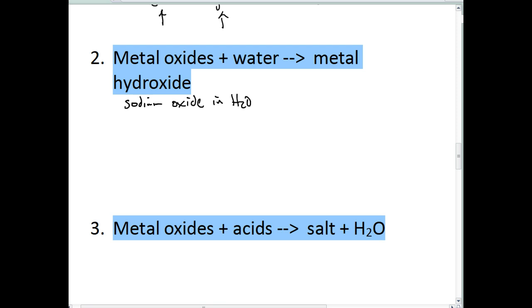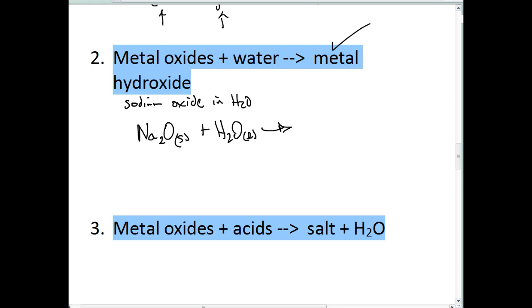What are we going to form? Well, sodium oxide is a metal oxide. Sodium forms a 1 plus charge, oxygen forms a 2 minus charge. Crisscross those charges, and we get Na2O. And we're going to react this with water in a liquid form. What we're going to form, as it tells us up here, is a metal hydroxide.